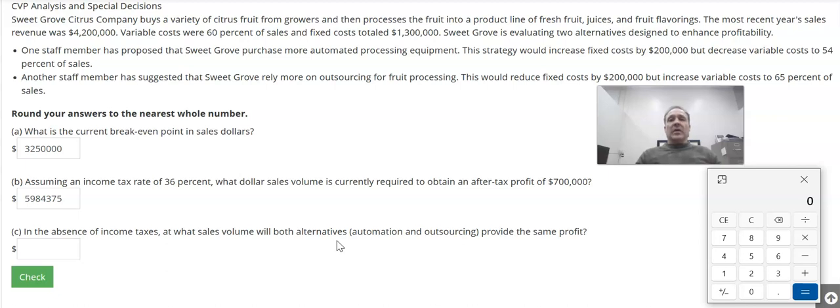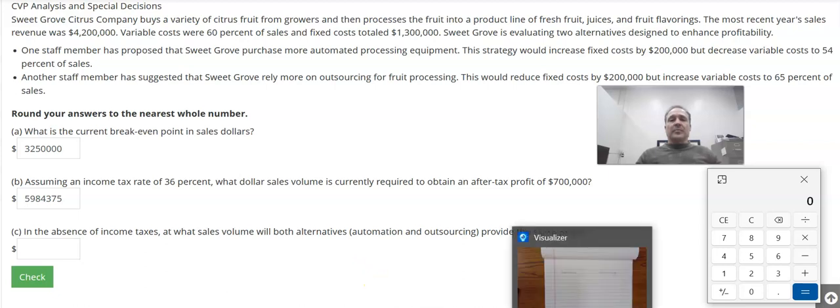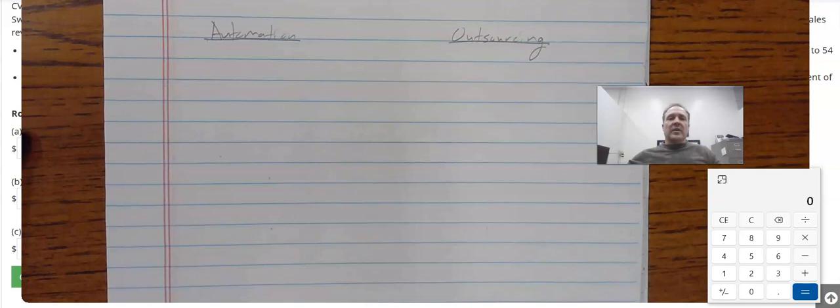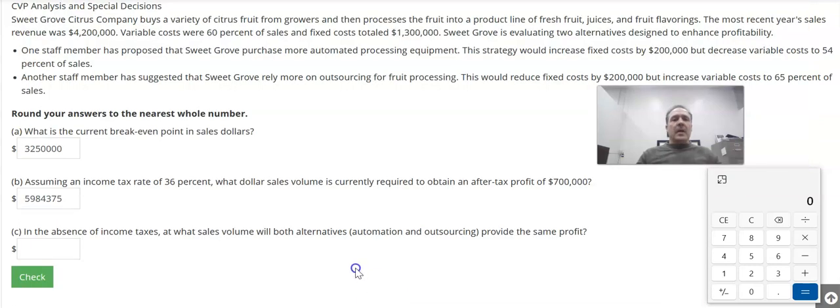So I've started this on a piece of paper. I'm going to go over there for a moment. We've got automation and outsourcing. You might consider setting something like this up, and then we're just going to use some very basic algebra to get our answer. I'm going to be toggling back and forth here.